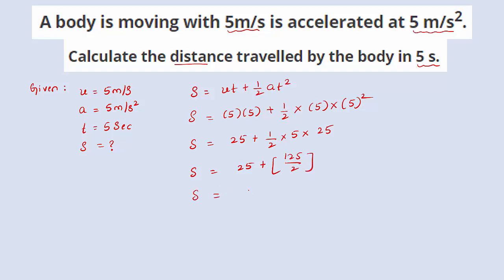S equals 25 plus 125 by 2, that gives 62.5. S equals 25 plus 62.5. Combine these two values, we will get 87.5 meter. So 87.5 meter is the distance travelled by the body.